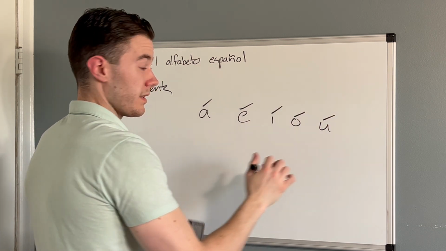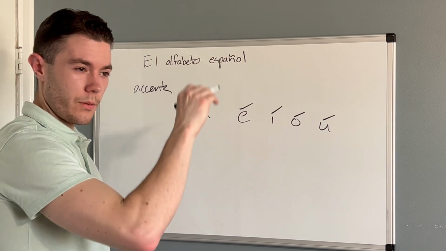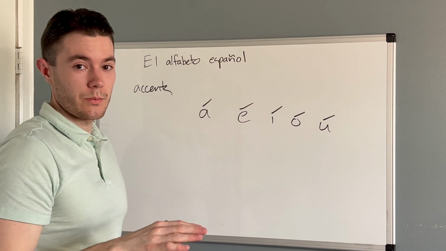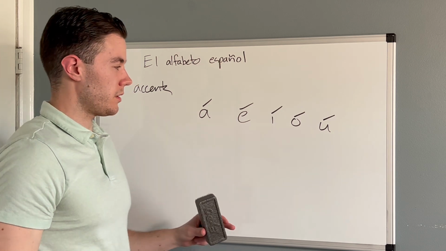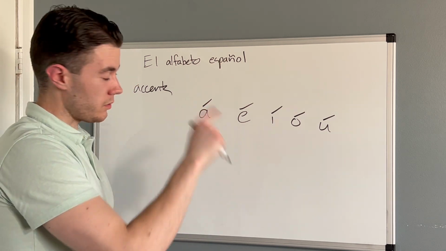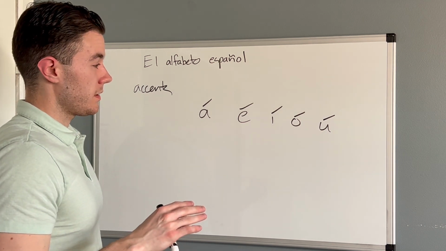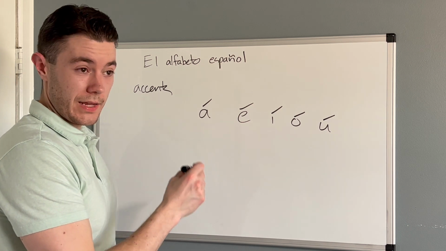And it does not change the pronunciation. So in French there's an upward dash, there's a downward dash, same thing in Italian, and they slightly change the pronunciation. In Spanish, the accent mark does not change the pronunciation. There's only an upward dash, there's no downward dash. The only thing it does is it tells you that the vowel in that syllable is stressed.